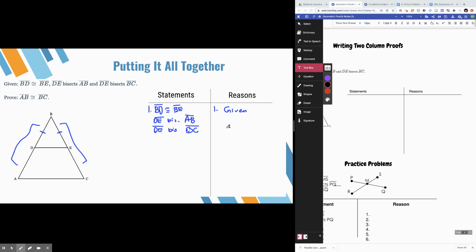Okay, so I want to take the information that I have here in statement number 1 and see if there's another relationship that I can write based on statement number 1. And there is, right? I can use this bisector idea to write another congruence statement, right? Another equation where you have two things that are congruent. So if DE bisects AB, then that means AD, this part, and BD, this part, are congruent.